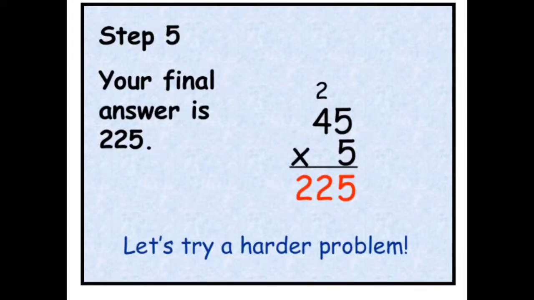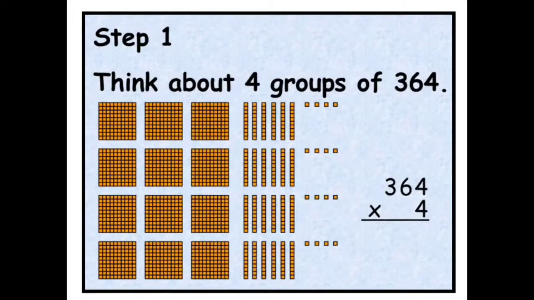Now we try some harder problem. It means the number which we have to multiply becomes 3 digits. So now think about 4 groups of 364. 4 groups of 364. 1, 2, 3, 4. So the same process is applying here also.